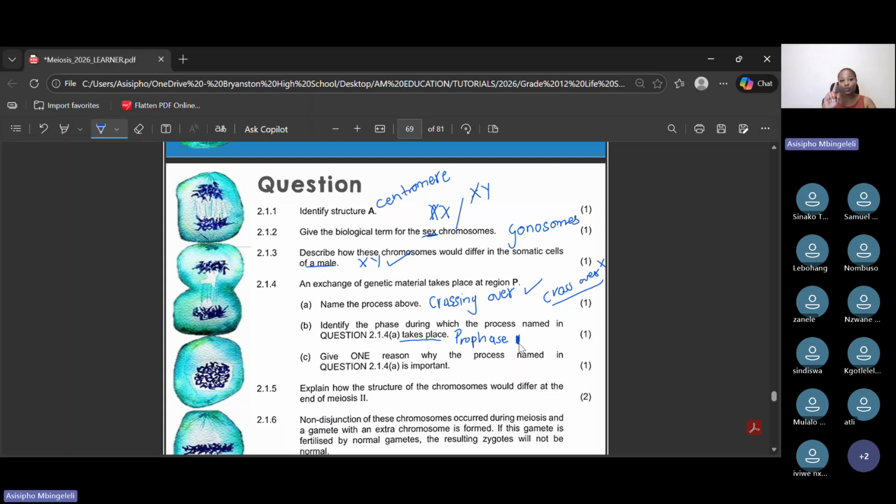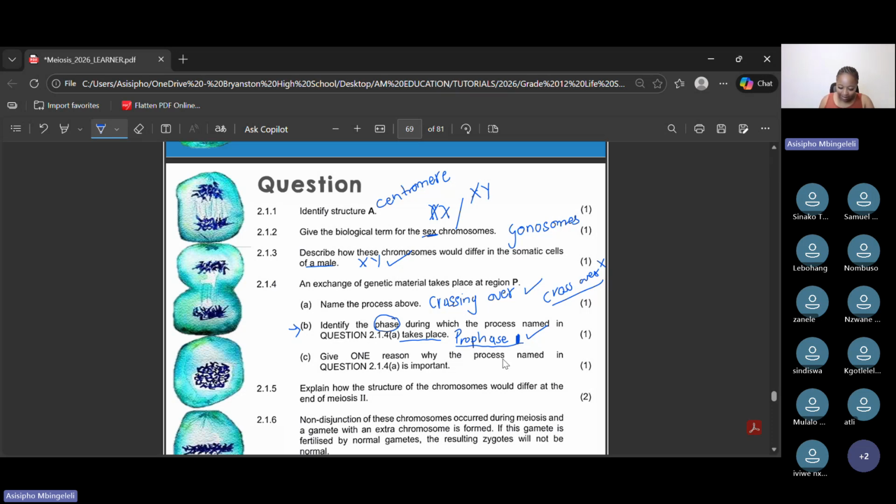So we are at 2.1.4. When they ask for a phase, we are here at B. The correct phase is prophase 1. Here they've asked for a phase. It has to be prophase 1. If you don't have 1 next to your answer, it's wrong. So the tick is just after 1.